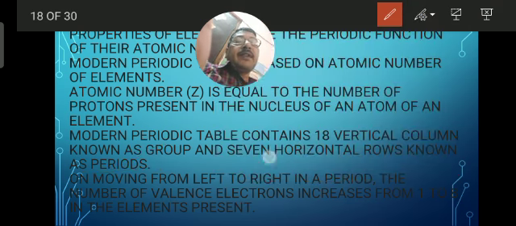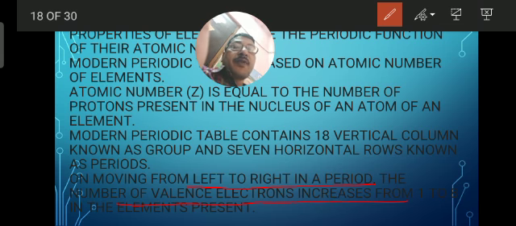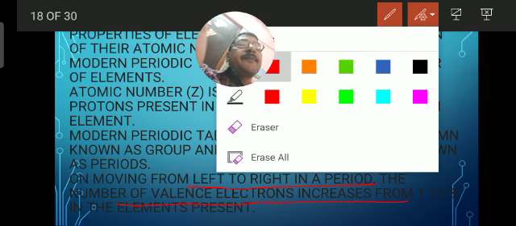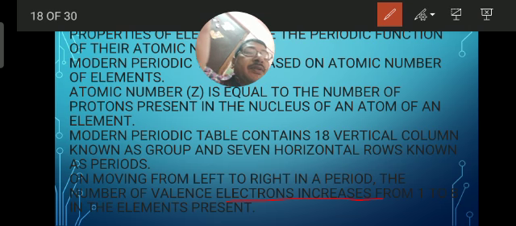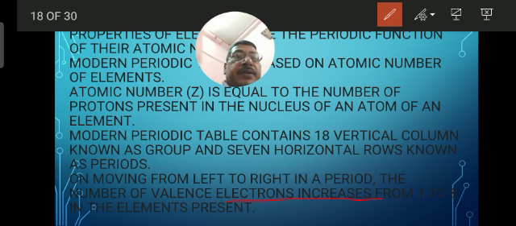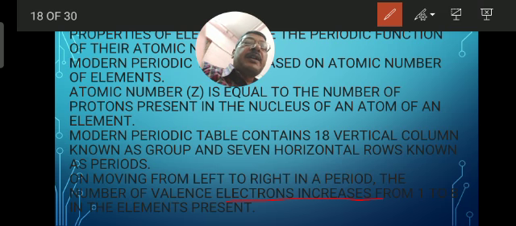Clear? Then on moving from left to right in a period, the number of valence electrons increases. When we are moving from left to right in a period, the number of valence electrons increases. Suppose we see sodium, the first element, and after that magnesium.